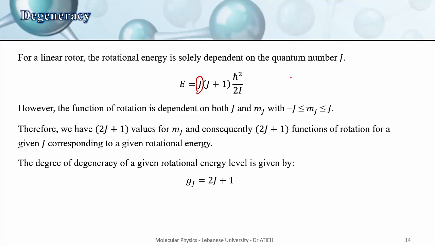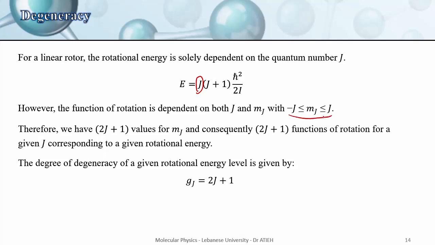That means we have 2j plus 1 wave functions corresponding to the same energy. This is called the degeneracy of a rotational level. The degeneracy for a certain energy level is given by 2j plus 1. Why 2j plus 1?